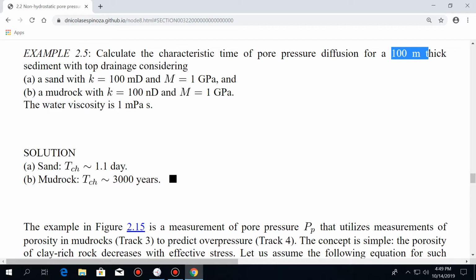It would take 3,000 years for that mud rock to dissipate the same amount of pressure.